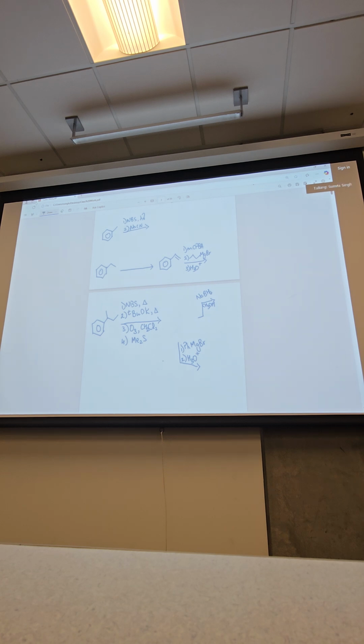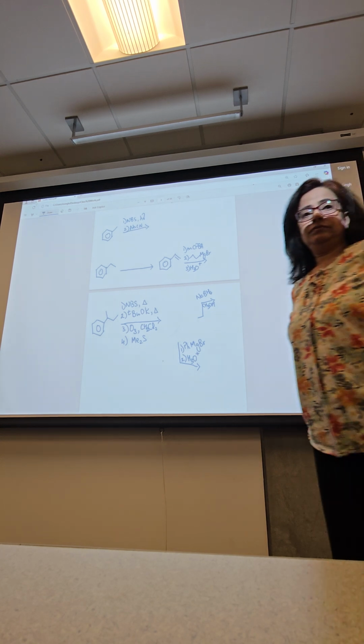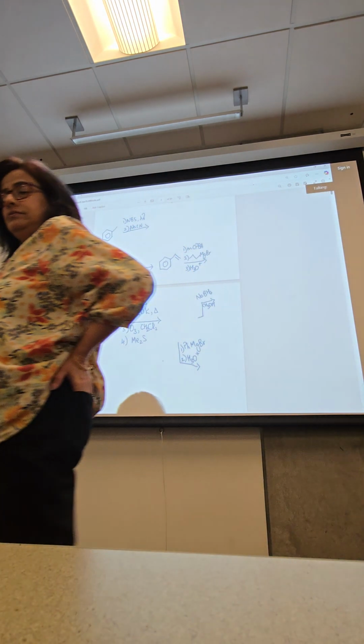But that's not a benzylic. How did you just put the bromide? I just put it on the primary benzylic position because that looked like the only position available. So you get an H from the CH3.